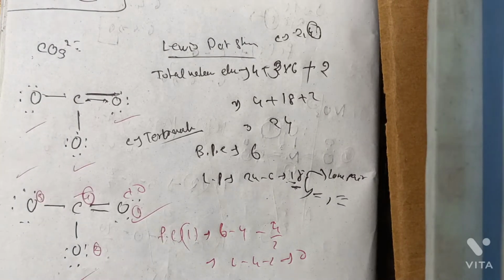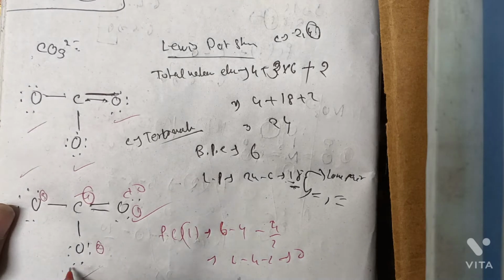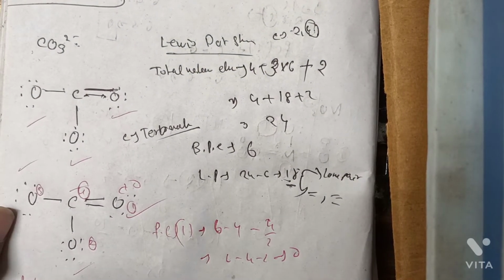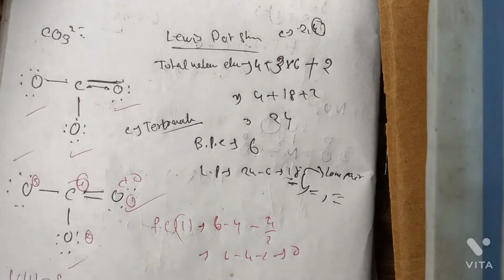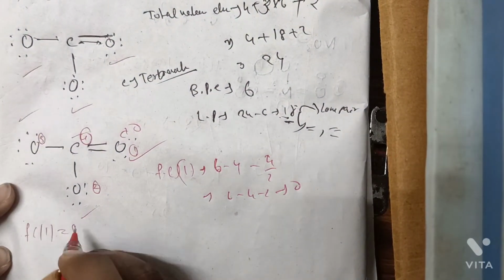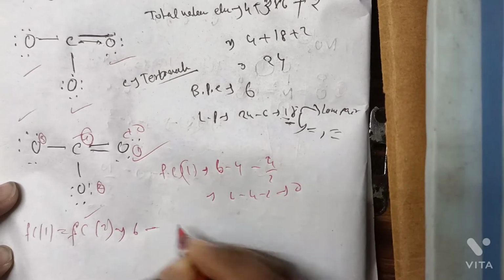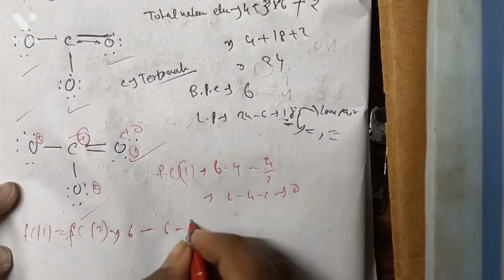As we can see, it is connected by a single bond, with 1 2 3 4 5 6 lone pair electrons. The formal charge equals valence electron minus lone pair electrons, 6, minus bond pair electrons divided by 2.